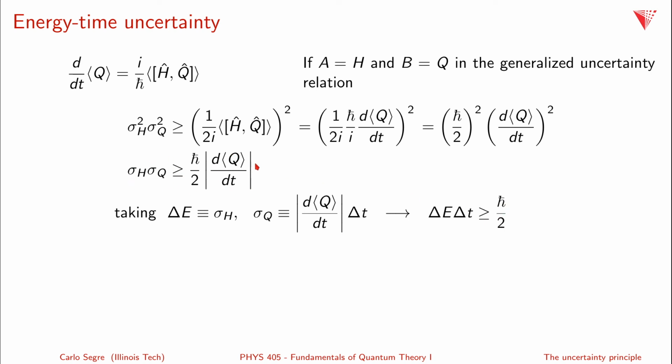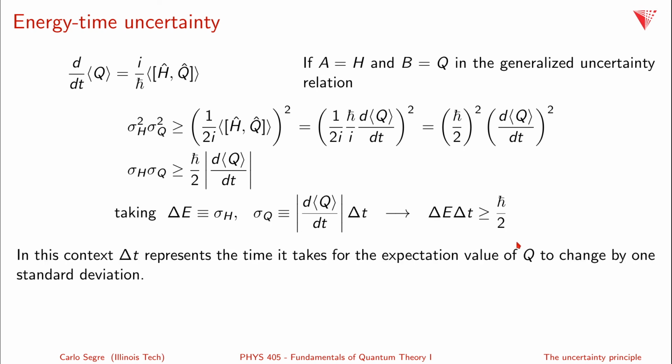If I substitute in here, delta E times d expectation value of Q dt times delta t is equal to ħ over 2 times the absolute value of d by dt of the expectation value of Q. But this term cancels this term, and so we're left, when we put these together, with delta E delta t greater than or equal to ħ over 2.